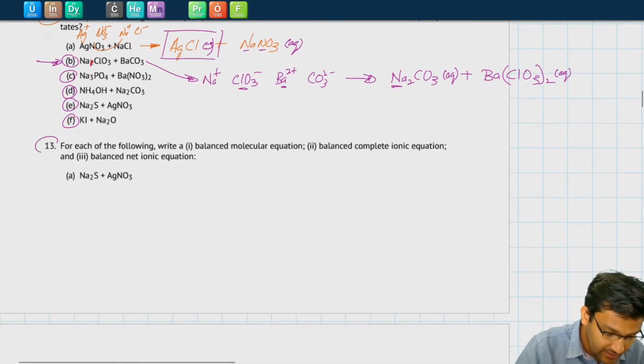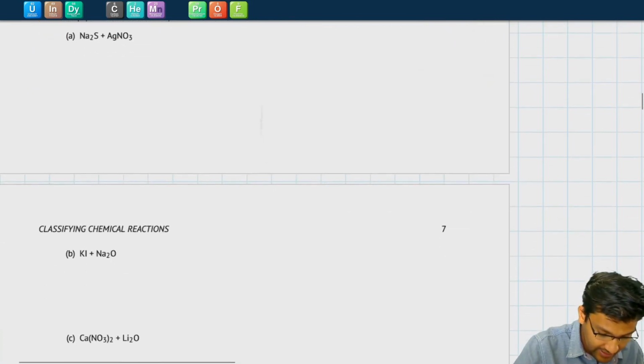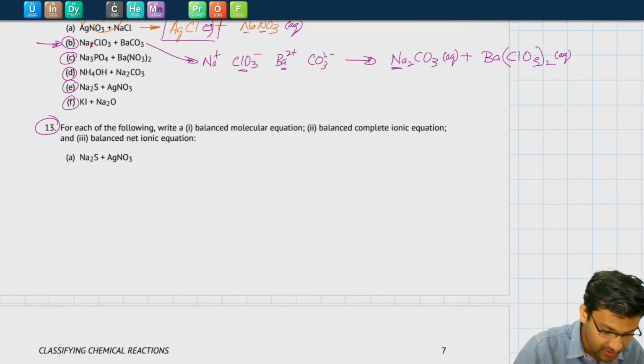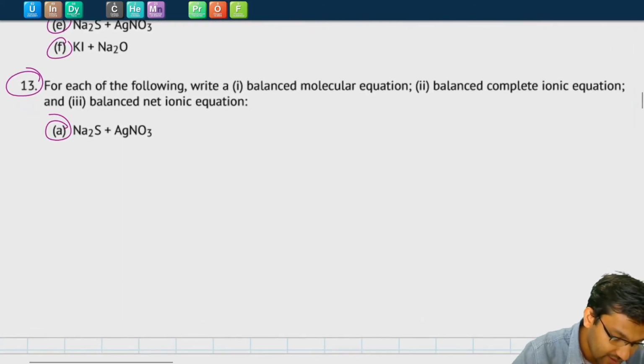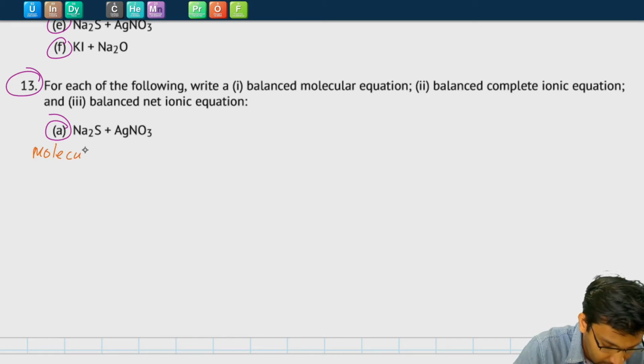And finally, let's look at number 13. You can go ahead and answer all of these, but I'm just going to do part A for you for number 13. All right, so each of these, we're going to write a balanced molecular equation, a balanced complete ionic equation, and a balanced net ionic equation. So let's start with our molecular equation.